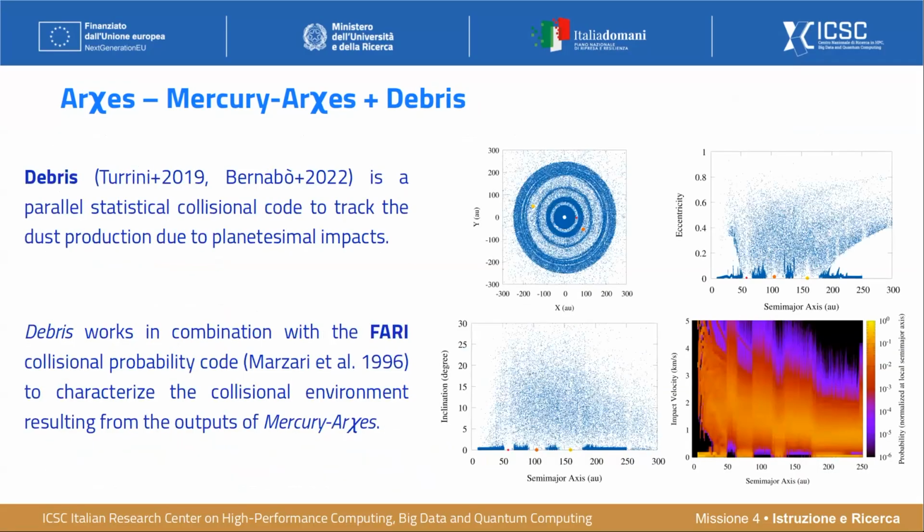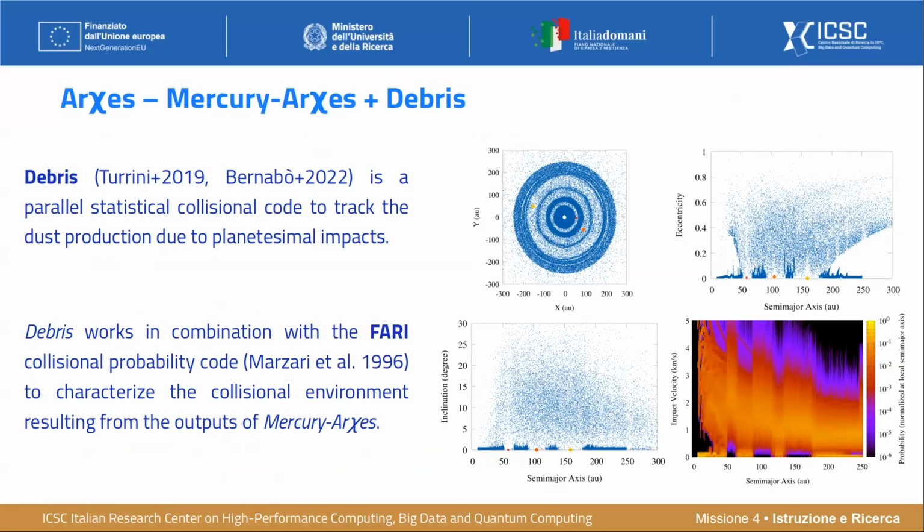And finally, we have the BRI code. The BRI is a parallel statistical collisional code. Why statistical? Because it works in tandem with FARI, which is a collisional probability code that uses algorithms that have been used for more than 50 years in the solar system community.